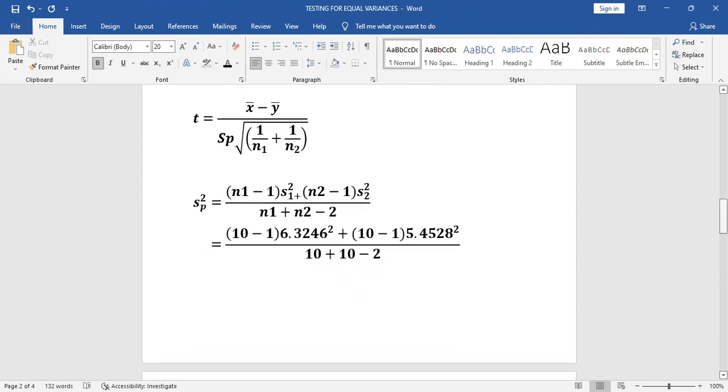I'll get my calculator. Open brackets, 10 minus 1, that's 9. 9 multiplied by 6.3246 squared, close brackets, plus open brackets, 9, which is 10 minus 1, 9 multiplied by 5.4528 squared, close brackets.